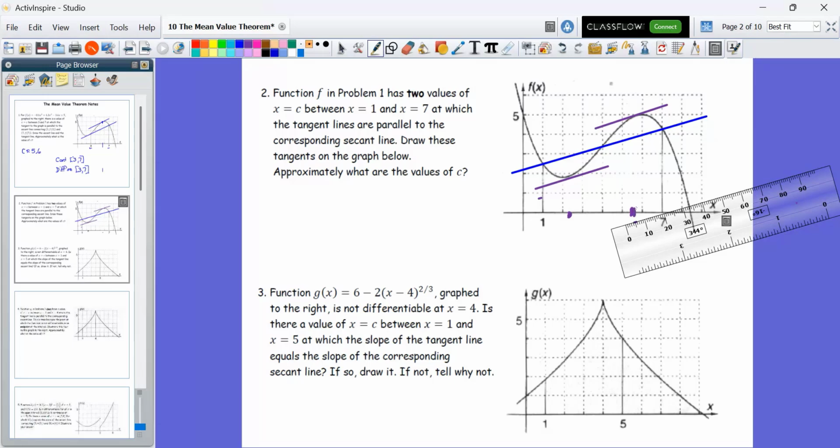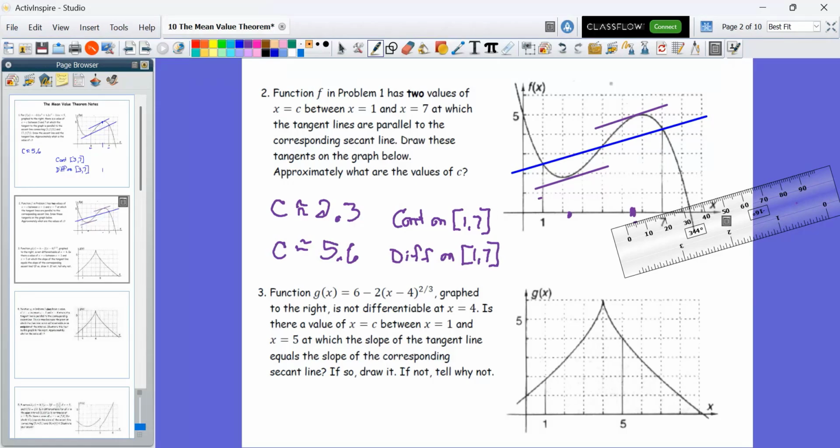So let's say we've got a c about 2.3 and we have a c at about 5.6. Okay, and again our function is continuous on that closed interval from 1 to 7. It's also differentiable on that closed interval from 1 to 7, right?